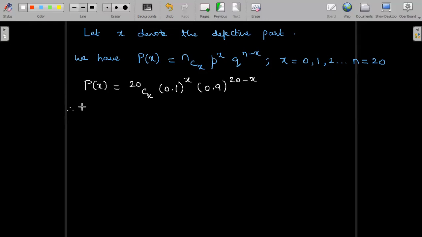Therefore, we have to find out the probability of at least 3 defective parts. There's only one case to discuss here.